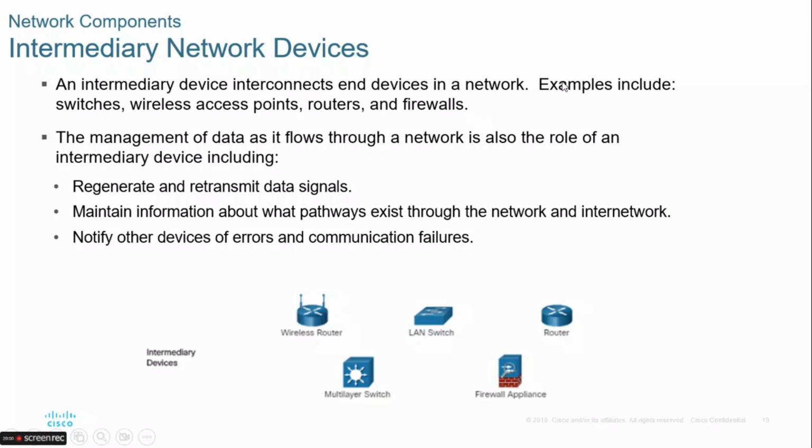This is a common question that you should take into consideration whilst revising or studying for CCNA, because the chances of missing it are very rare. The management of data as it flows through the network is also the role of intermediary devices.